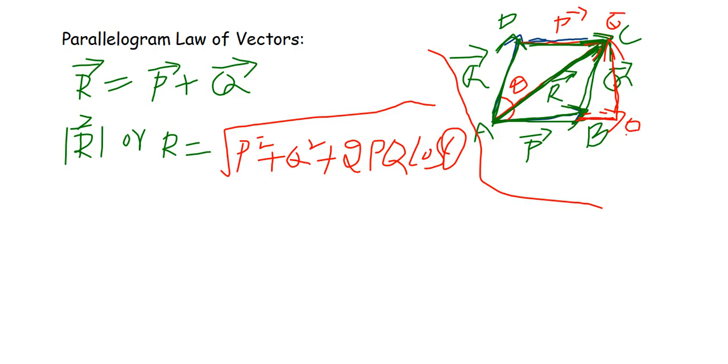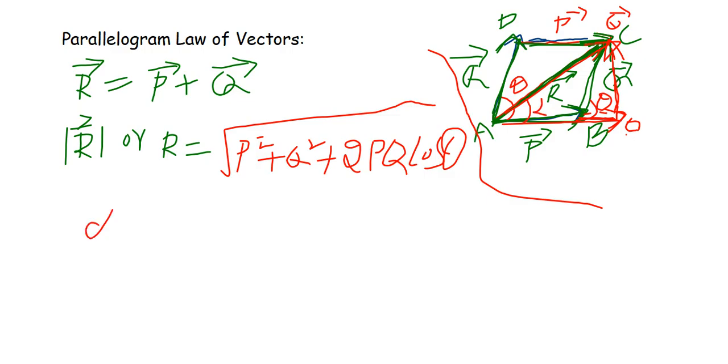The angle between P bar and this diagonal is alpha.